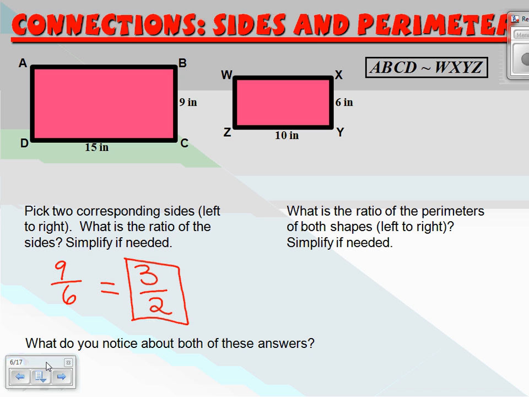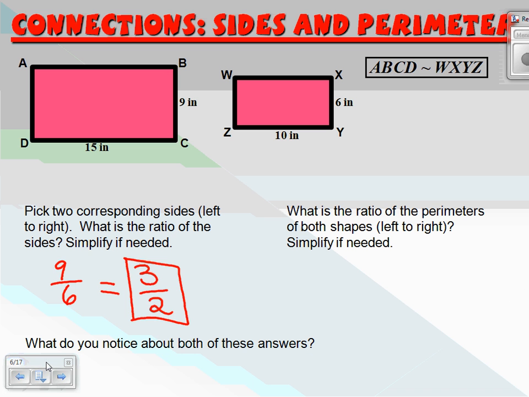Now, the next thing it says is, what is the ratio of the perimeters of both shapes? Well, if you guys don't remember what perimeter is, basically it's when you add up all the sides together. And then I'm going to simplify if needed at the end. So let's find the perimeter of the shape on the left-hand side.